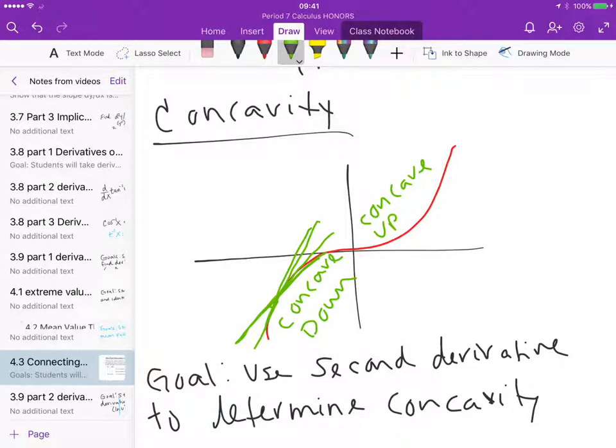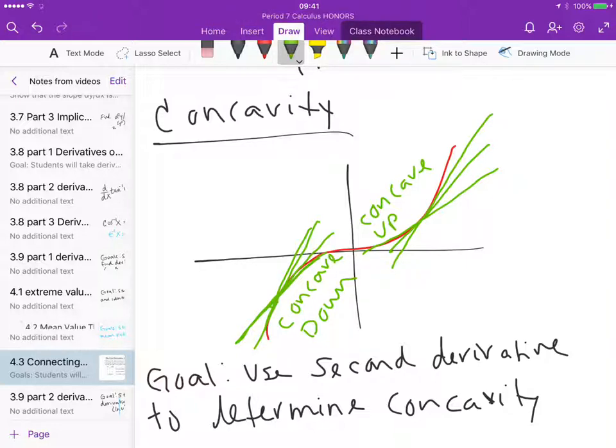As you can see here, the curve is below all of those tangents. That represents concave down. On the other side of things, you can see that the curve is above any of some random tangent lines in the interval, okay? And so this would be considered concave up, all right?